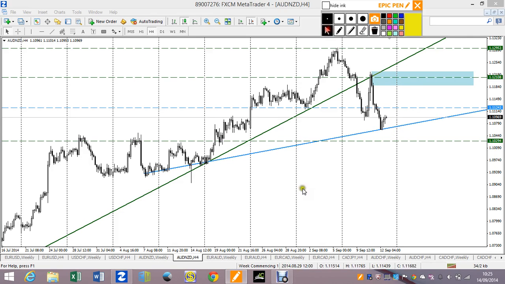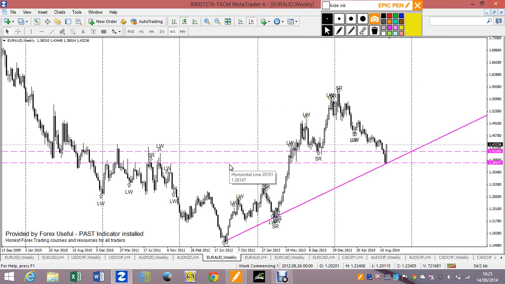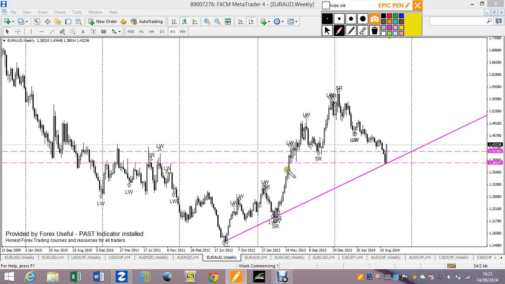Euro Aussie. Again, weekly support here. It's just reactions to this level so many times in the recent past, and also the higher level.